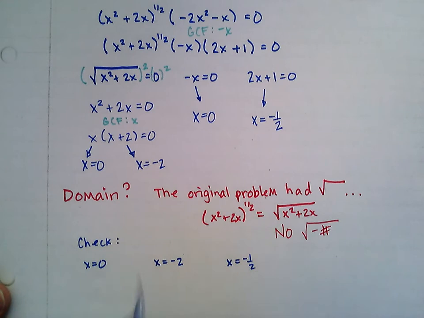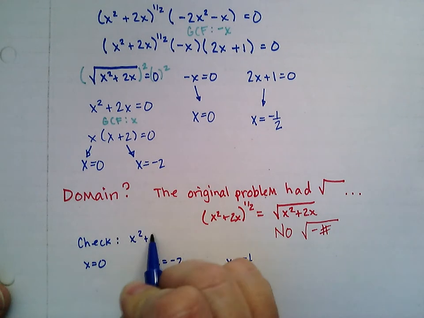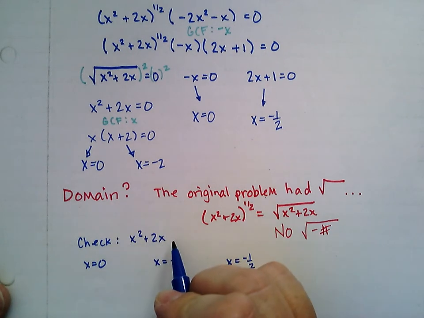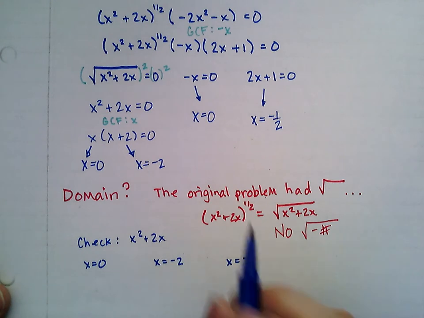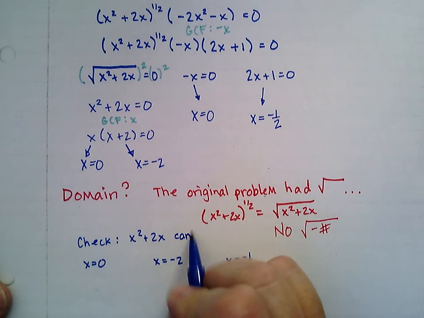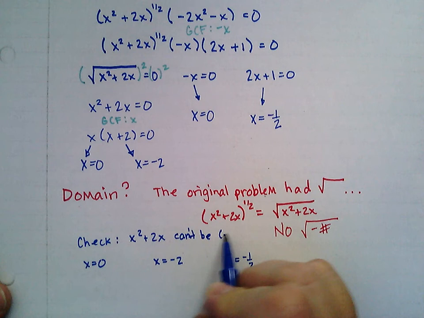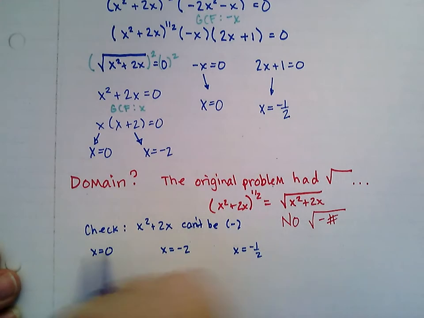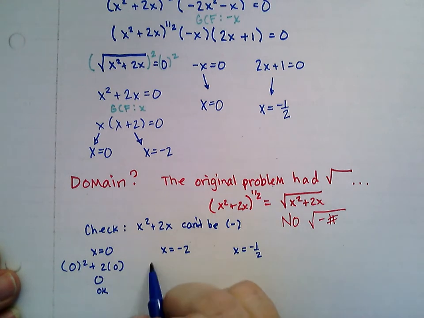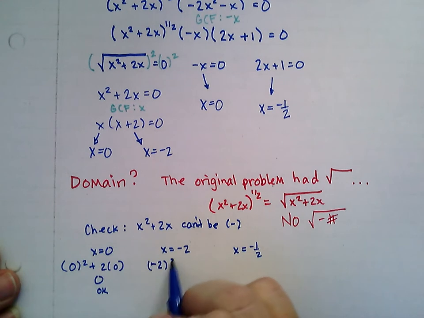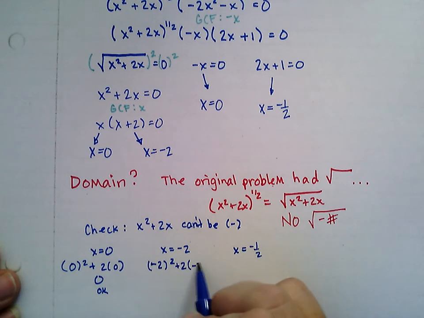So we want to check to make sure that x squared plus 2x can't be negative. So let's check that. We've got 0 squared plus 2 times 0, which is 0. So that one's okay. Negative 2 squared plus 2 times negative 2.